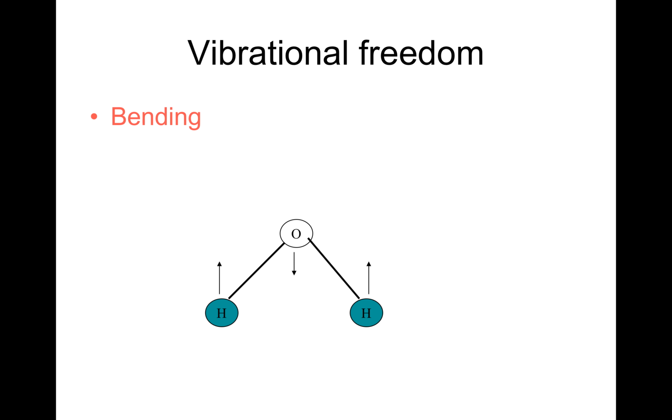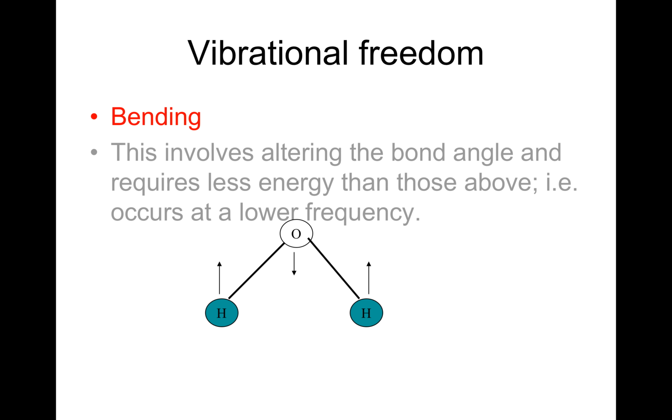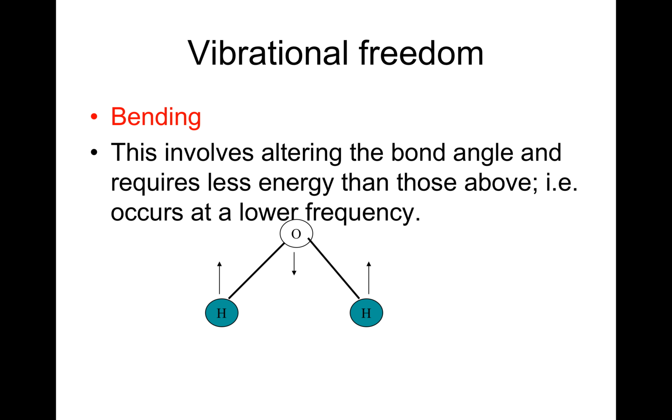Let us look at the bending modes. This involves altering the bond angle and requires less energy than those above, i.e. it occurs at a lower frequency. So whereas that hydrogen is bending, that is moving that way, the oxygen is moving this way, and this hydrogen is moving that way.